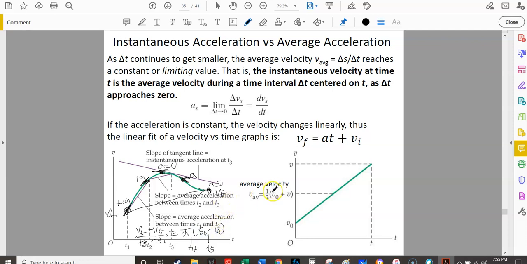In a way, that's what we're doing to find average acceleration: you take your initial velocity and your final velocity, subtract them, and divide by the total time. Essentially, your average acceleration is delta v over delta t, your change in velocity over change in time.